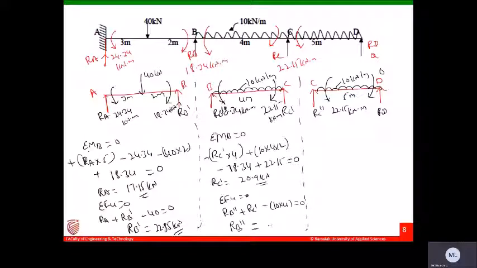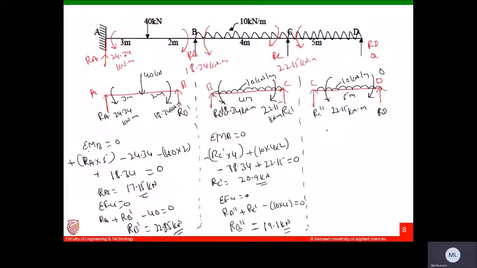RB double dash you will get 19.1 kilonewtons. Okay guys. So similarly, now here you can take the RHS side and you can calculate.